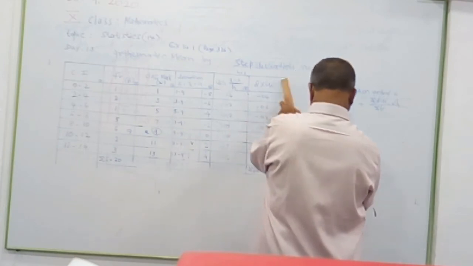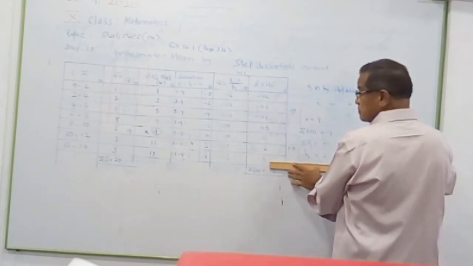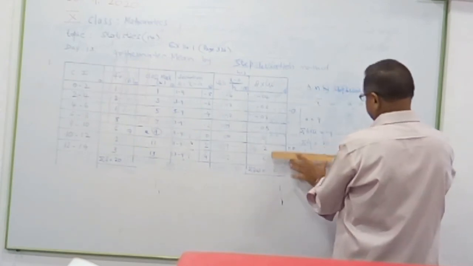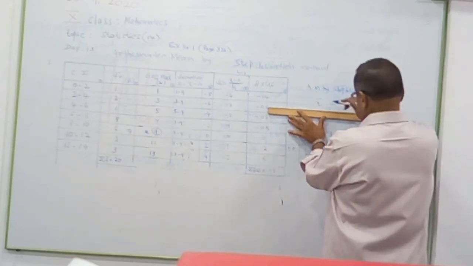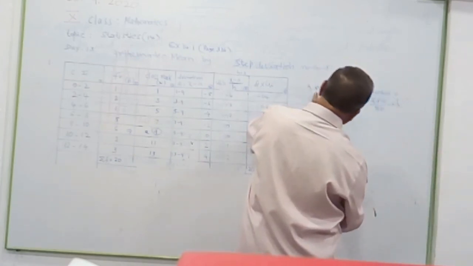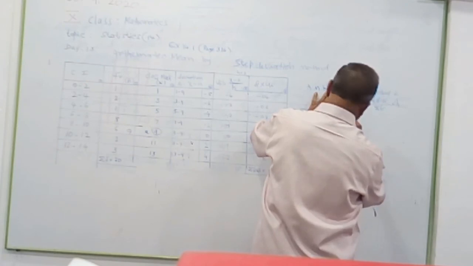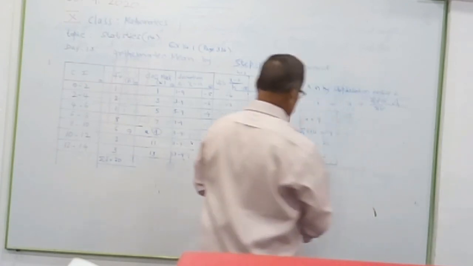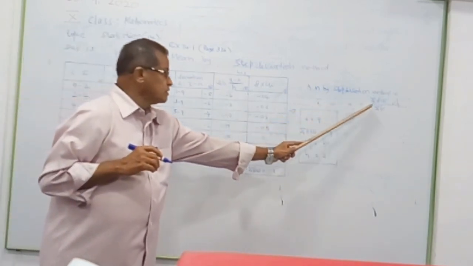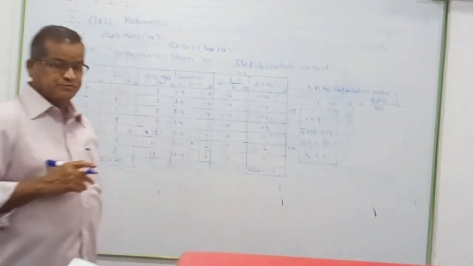For drawing this table, 2 marks, half mark for formula, half mark for this. So definitely you have to write this step. The values of the terms in it.